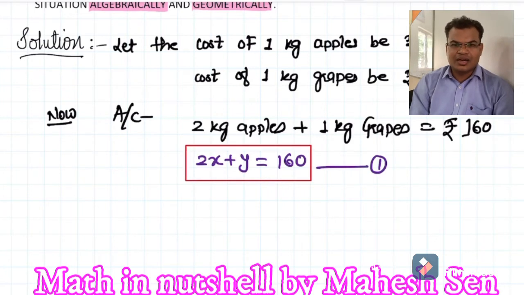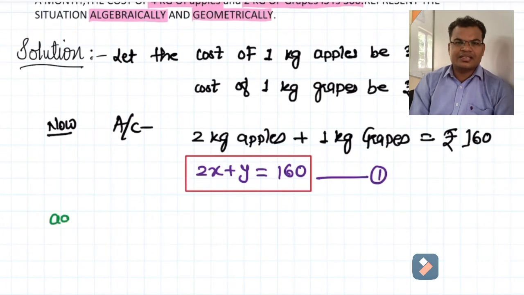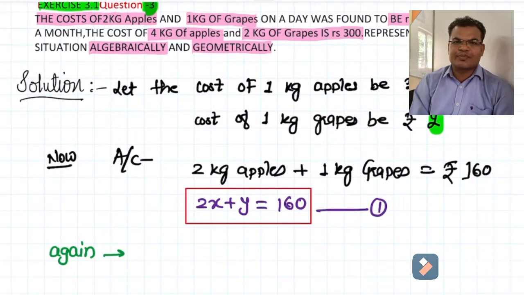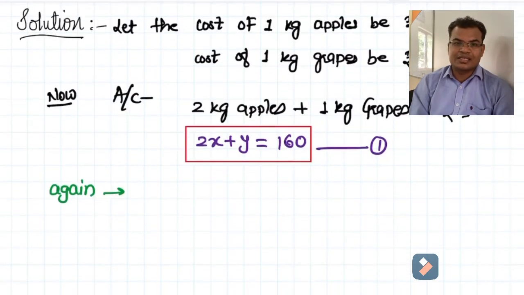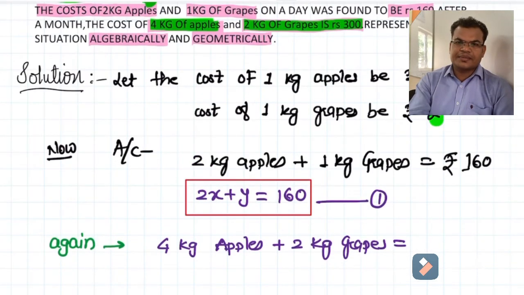So 2x plus y equals 160, and the second equation will be according to the condition: 4 kg apples plus 2 kg grapes is rupees 300.